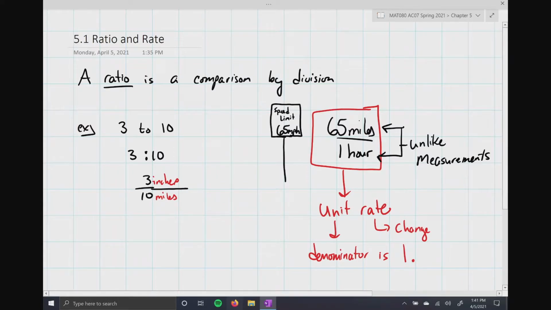Okay? This is not a unit rate. This is just called a rate. And what I'm comparing is inches to miles. You would normally see something like this, what I have written here, on a map in the legend.